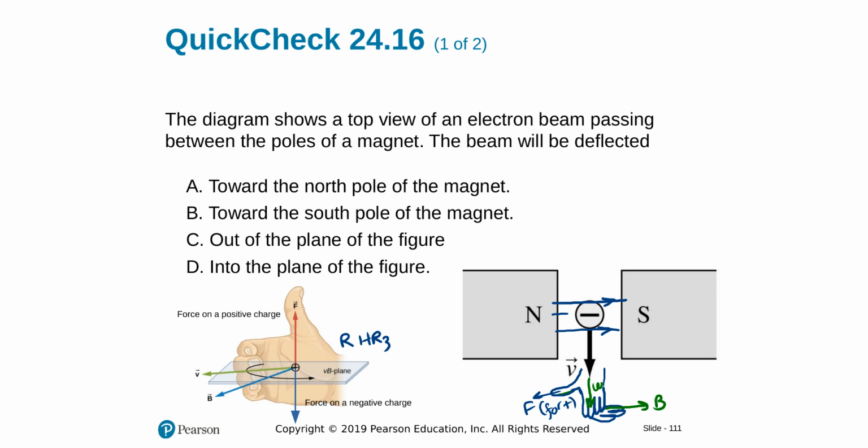Then for a negative charge it's the opposite direction. It should be into the screen. So force is opposite for a negative charge. Or into the page for a negative charge, and we have a negative charge, so it should be into the plane.